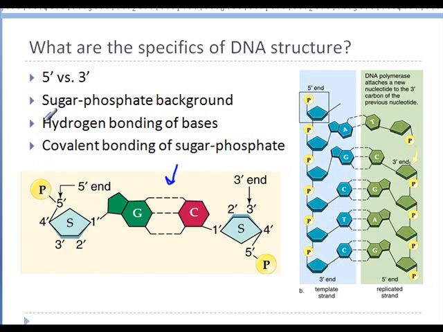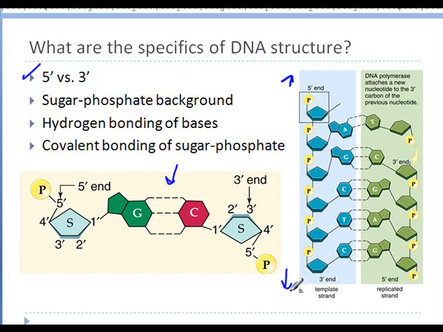Now, another interesting thing I want you to look at on this structure of DNA is the 5 prime versus 3 prime. In the DNA molecule, one strand has the 5 prime end over here, and notice you've got the 3 prime end over here.